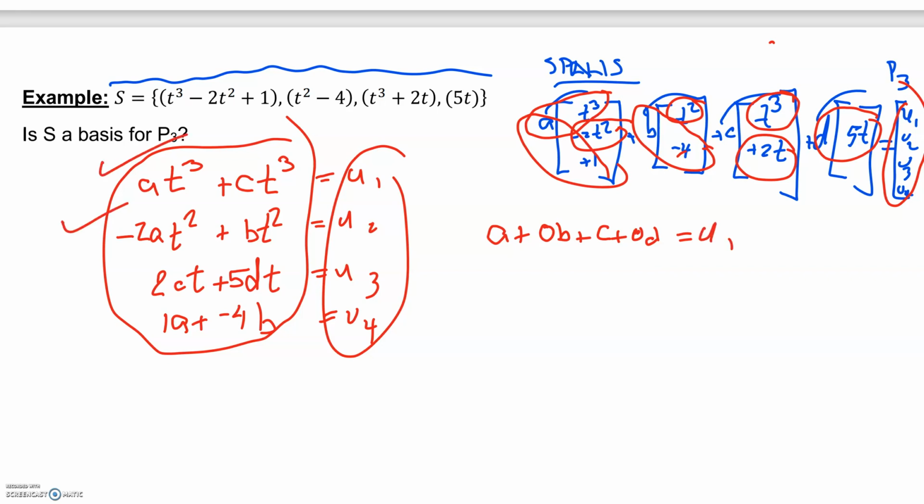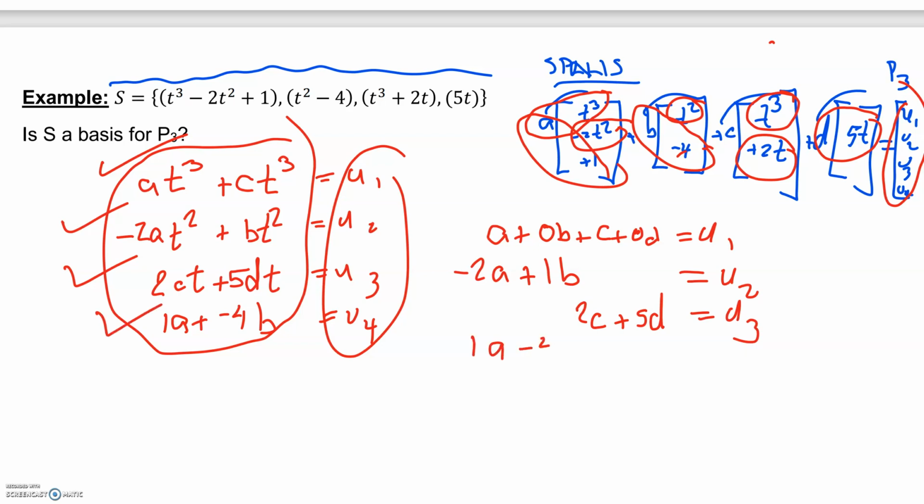If I look at the next one, I've got negative 2A plus 1B. And again, there's no C or D, so that's U2. And the next one, we have 2C plus 5D. And then our last one, we have 1A minus 4B.